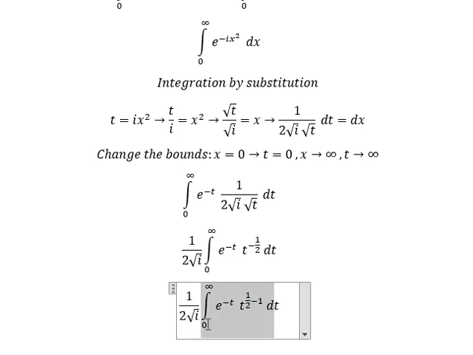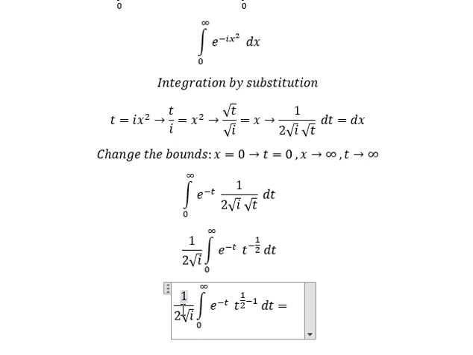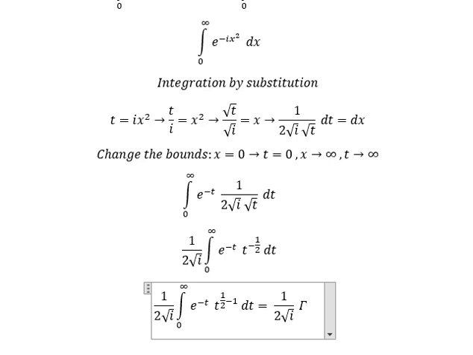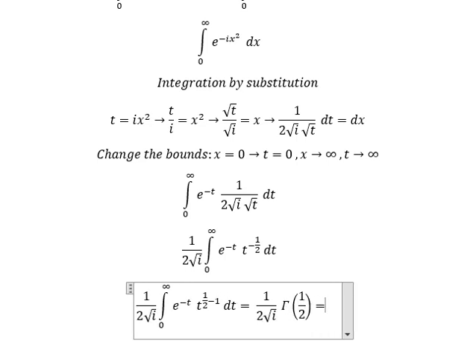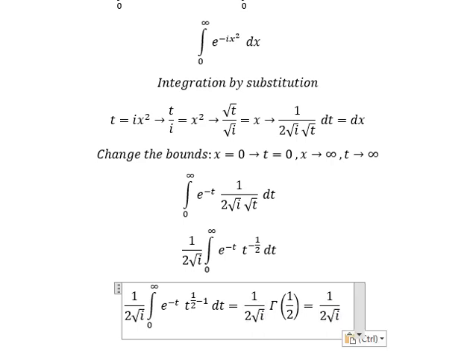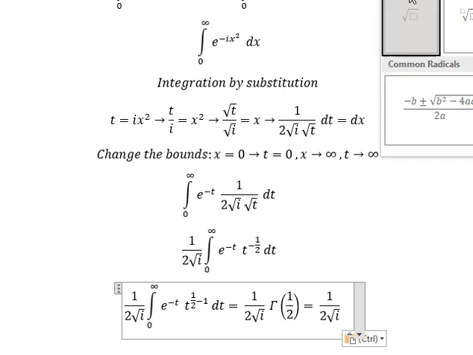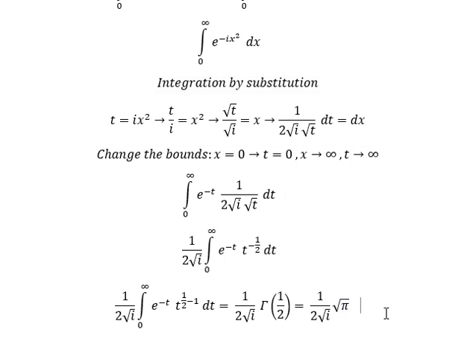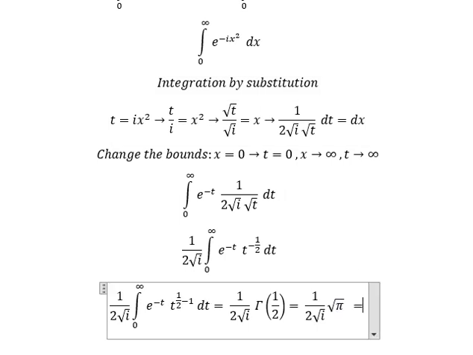So we know that the integration of this one, we have gamma of 1 over 2. And we know that gamma of 1 over 2 is the square root of pi. So we can put like this.